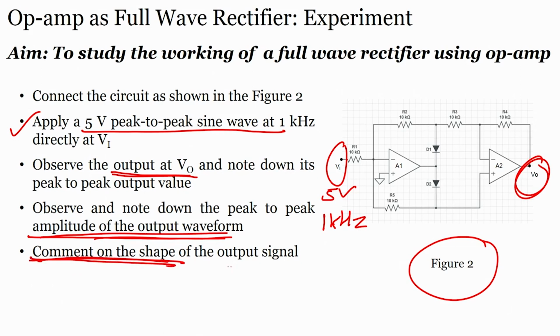Comment on the shape of what? Comment on the shape of the output signal. So, what we have to do is connect the full wave rectifier in this particular configuration, and we will apply a 5 volt peak to peak sine wave, and we will measure the output voltage, and we will also see the waveform.